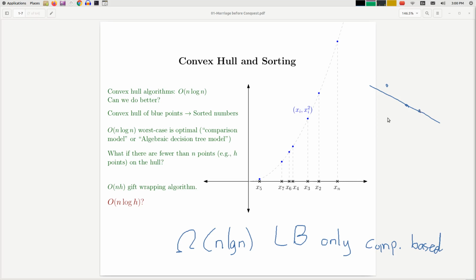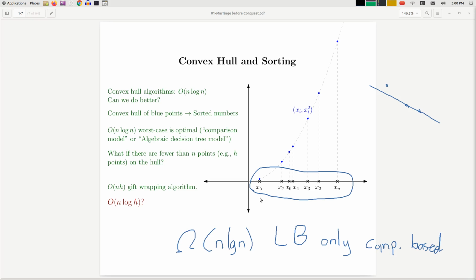That operation obviously is much more complicated than just comparing 2 x coordinates. So it might be possible to compute the convex hull of these points, or in other words, to sort these numbers using these more complicated operations, such as sidedness tests.